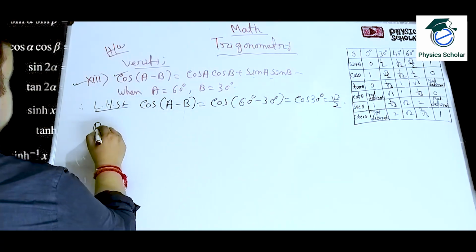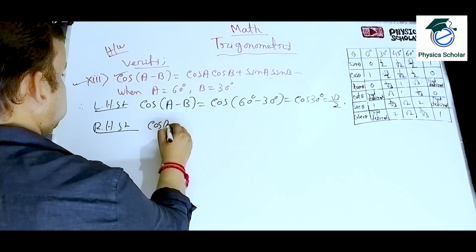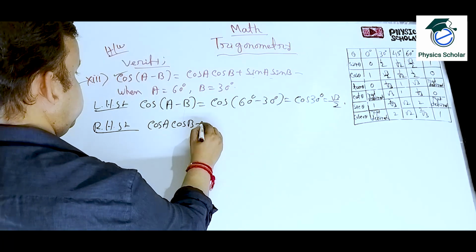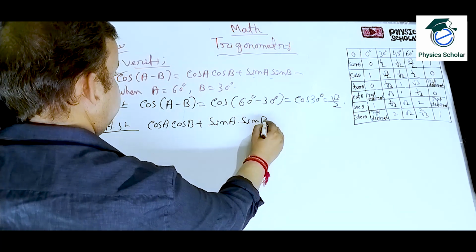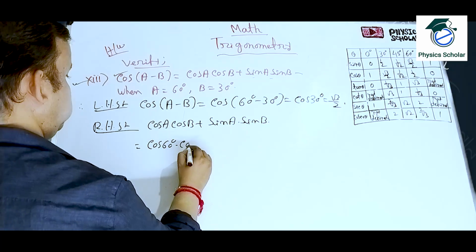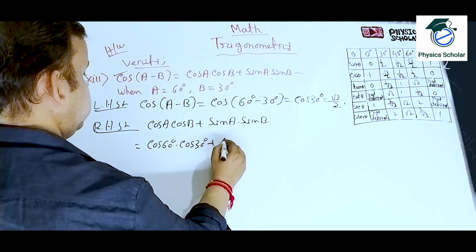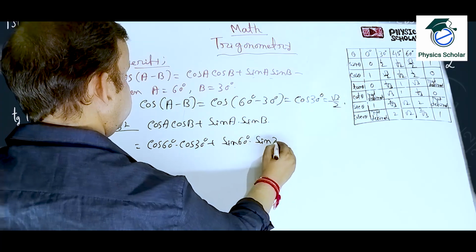Clear? So right hand side, cos A cos B plus sin A sin B, which is cos 60 degrees into cos 30 degrees plus sin 60 degrees into sin 30 degrees.